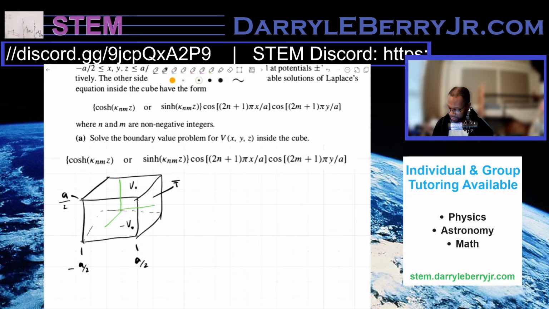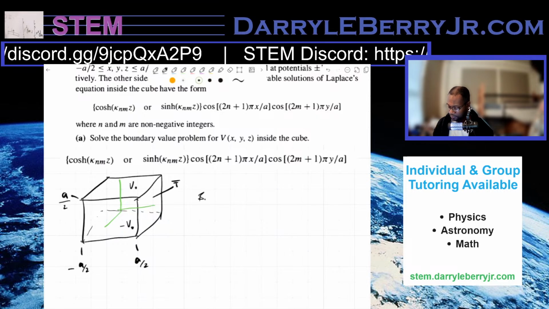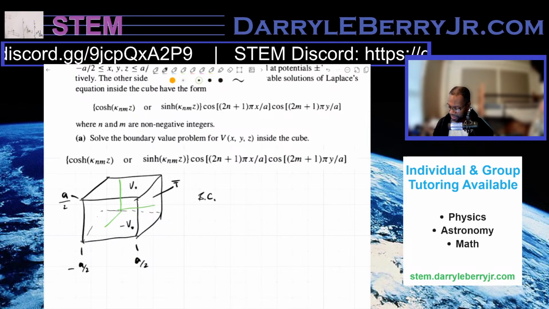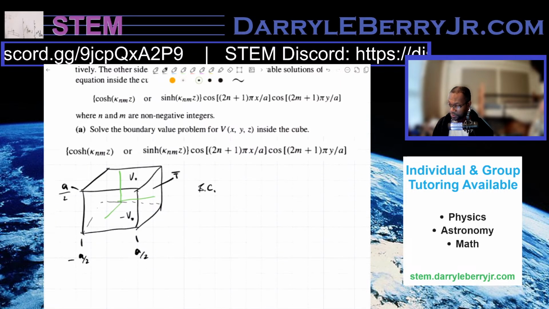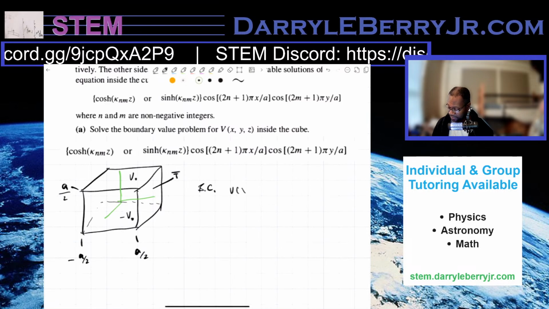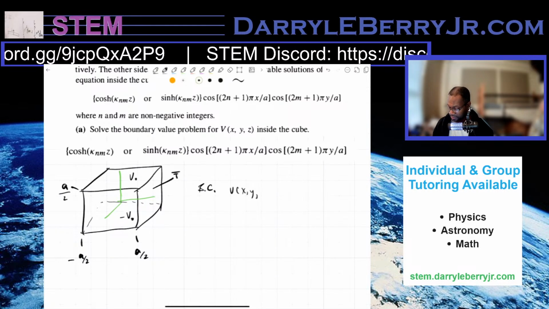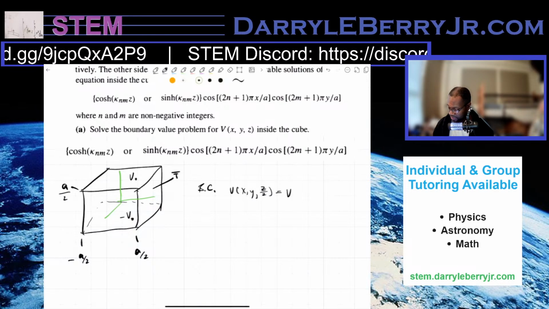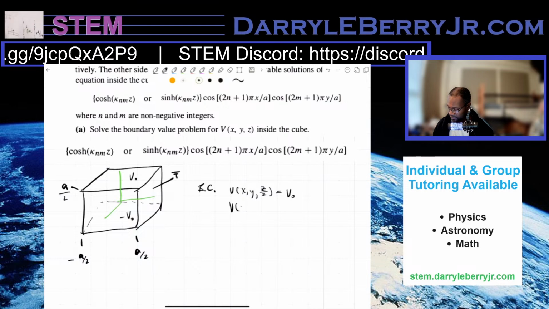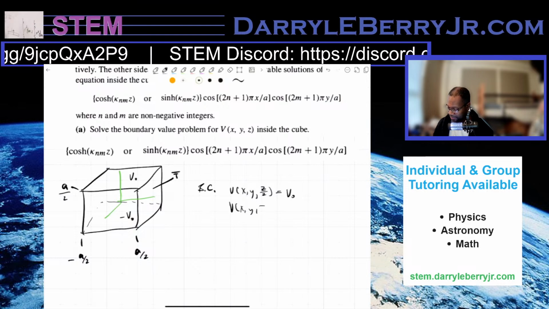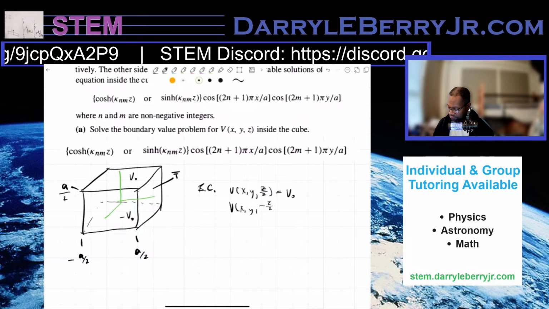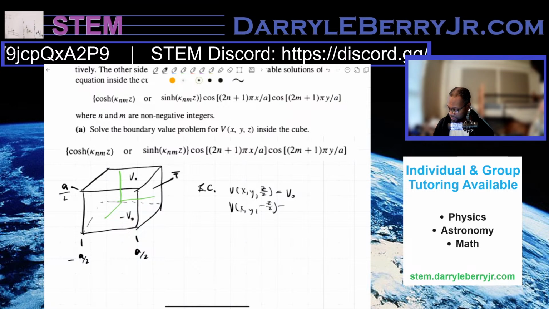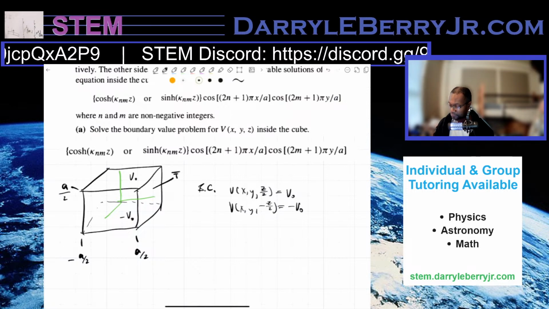So the boundary conditions, that'll be what they gave us. V of x, y, z equals A over 2 equals V naught, and V of x, y, negative A over 2 equals negative V naught.